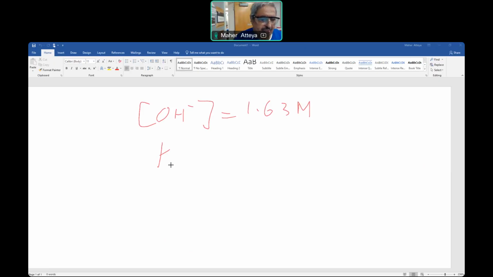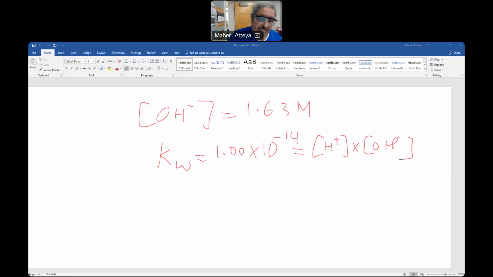So there is Kw, which is 1.0 times 10 to the minus 14, equal to the H plus multiplied by the OH minus. Those are multiplied together.